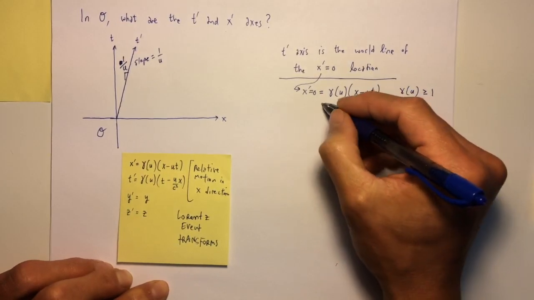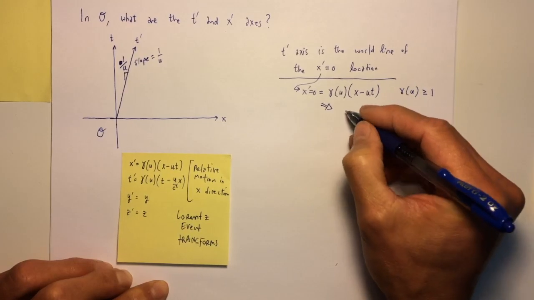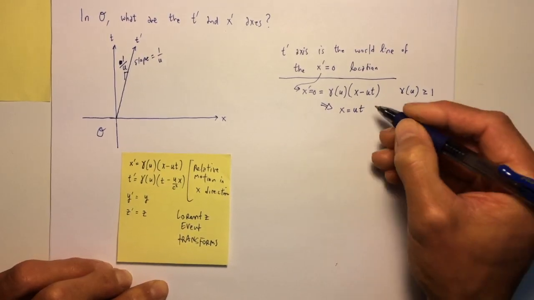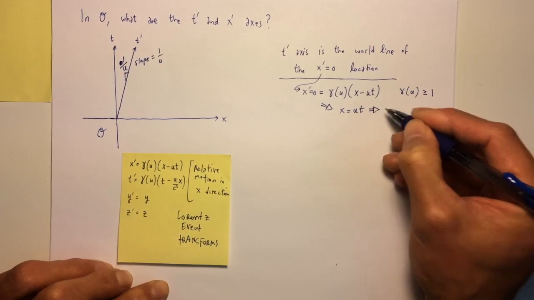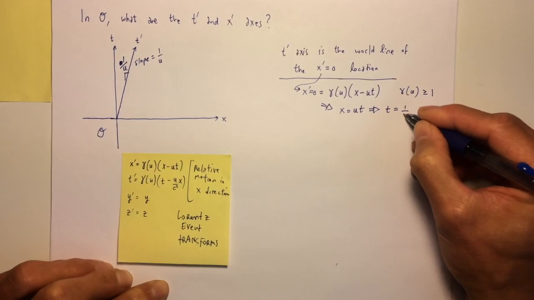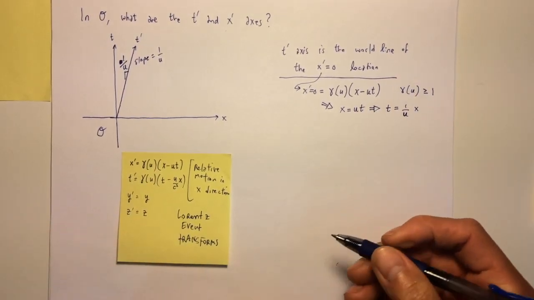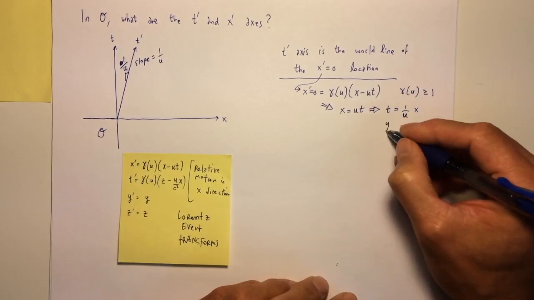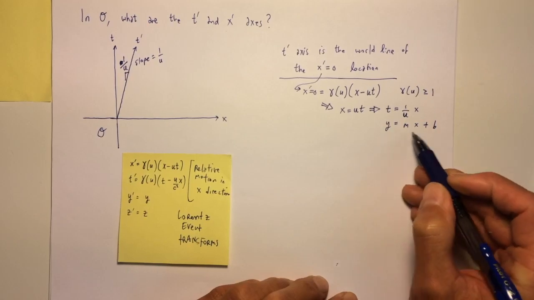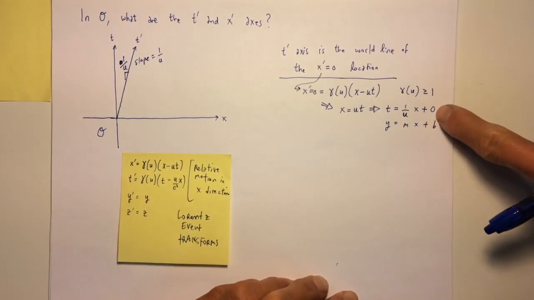And what you get is the relationship that x equals to ut, but I'm going to turn it on its head and write t equals to 1 over u x. And so what this looks like is y equals to mx plus b, right? Equation of a straight line. There is no addition over here, right?